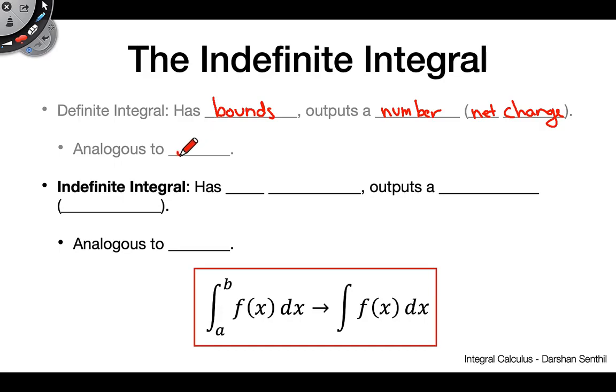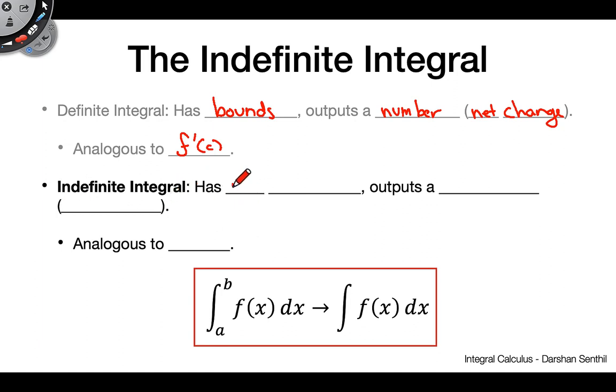This is analogous to when we look at differential calculus, when we find f prime of c. We plug in some number into our derivative and get out a slope. That would be analogous to what we're doing with the definite integral. So as you might expect, there's also an analogous feature to the derivative that we don't evaluate at any point, the general derivative, and that's what the indefinite integral does.